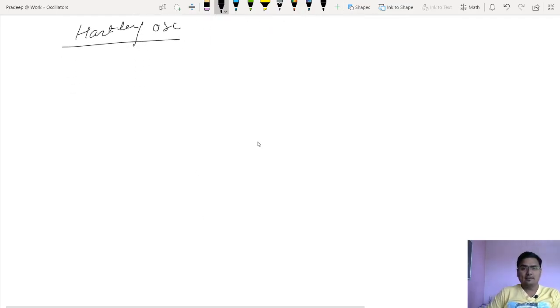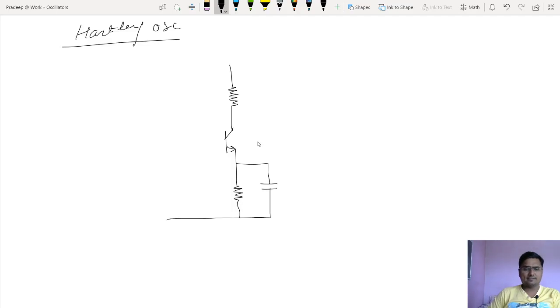Look at this, I will draw the amplifier here. Yes, one collector resistor, and then this is my transistor. Look at this capacitor, the emitter capacitor. Then let me draw two biasing resistors. This is R1, this is R2.